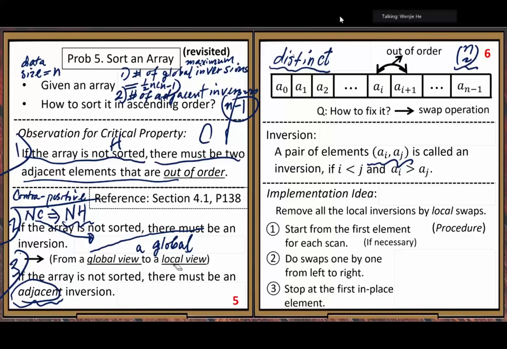Next time you compare another two adjacent elements, the larger one always moves to the later position. You do this all the way from beginning to end. What can you see from beginning to end?